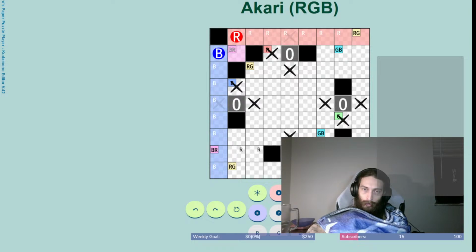If I put a green... Well, you can't put red there. Right, because that is already illuminated by one red. And it needs green.